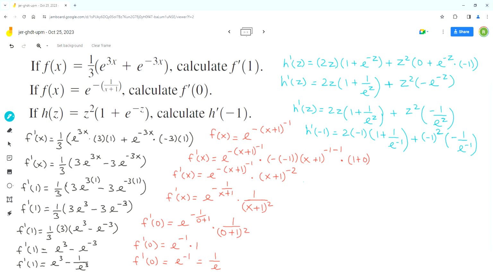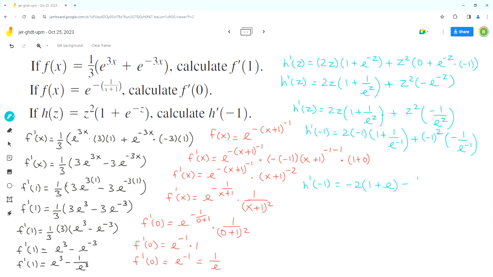Now we can simplify it further. h prime at -1. So 2 times -1 is -2, parentheses. Now the e in the denominator has a negative exponent, so we can move it to the top to make it a positive exponent. And in the second part, -1 squared is +1, and +1 times a negative fraction will give us a negative result.